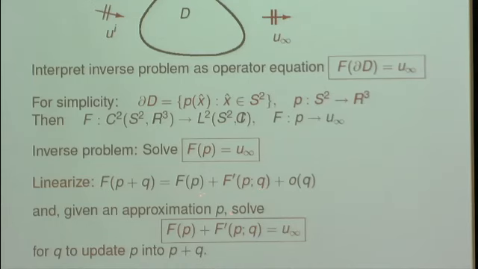Then if we are given an approximation P for the boundary, instead of solving F of P plus Q equal to u infinity, we solve this equal to u infinity and neglect this part. So we solve this linear equation for Q in order to get an update by adding it to P.